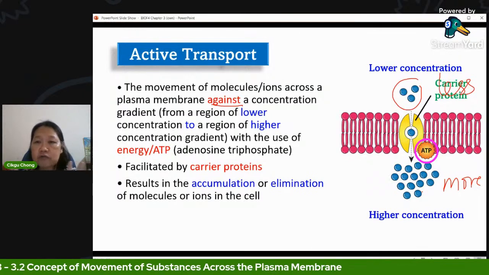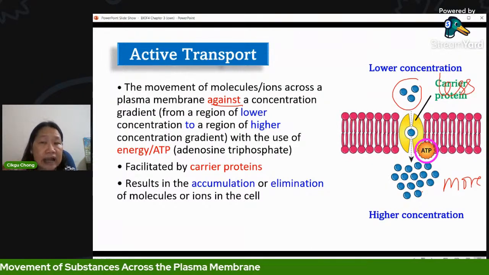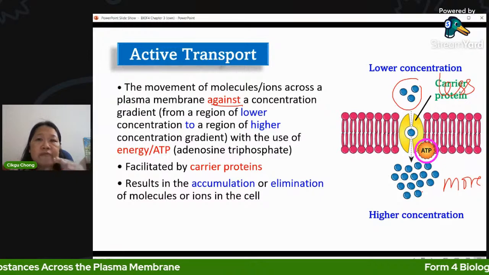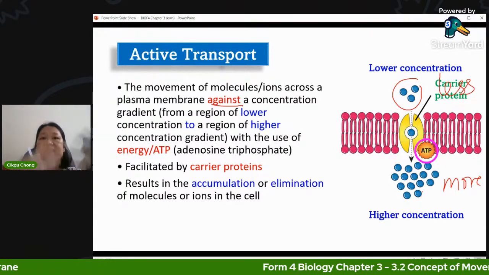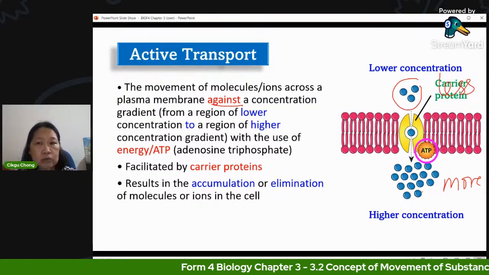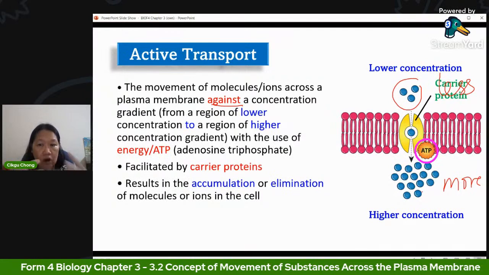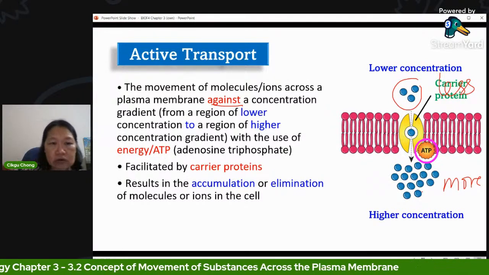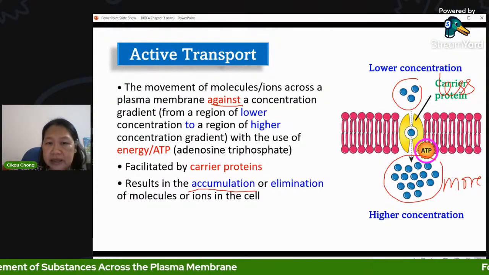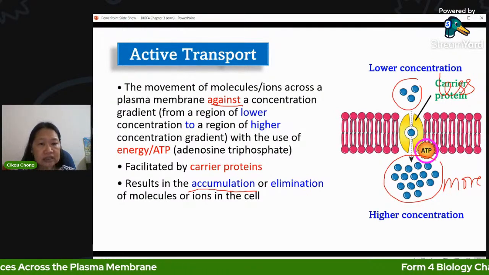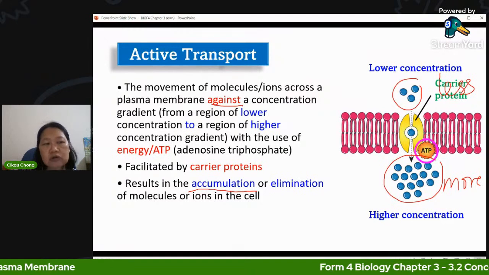So this one will not result in what we call dynamic equilibrium. You will not have both sides equal. It will not occur whereby you bring it inside and then both sides are the same, because your cell needs it. So one side will always be getting more and more. That's why you call it accumulation, getting more and more. And if the cell doesn't require this, it will push it out, it will remove it.